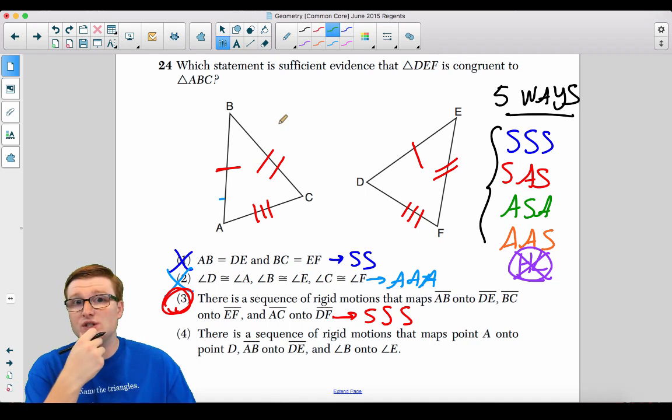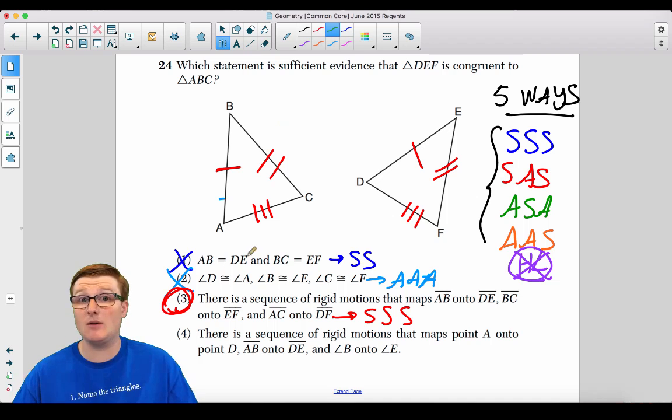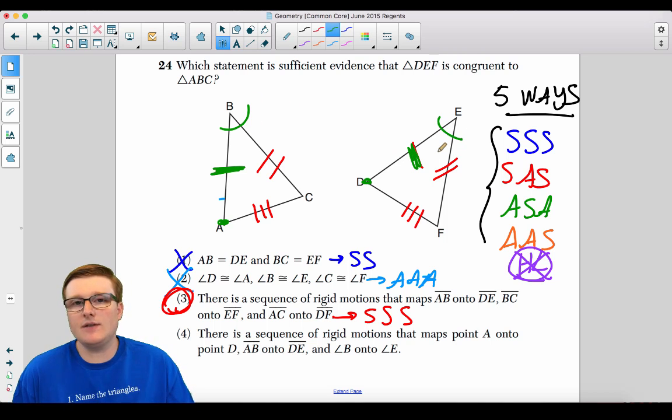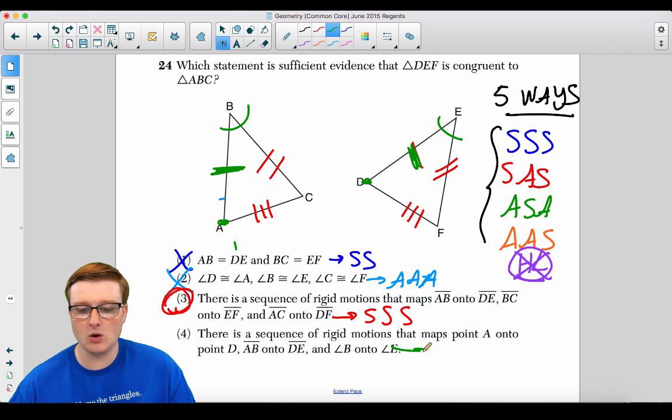Now, choice 4 confuses people. If you pick choice 4, you fell in the trap. And I want to go over it right now. There's a sequence of rigid motions that maps point A onto point D, AB onto DE, and angle B onto angle E. You cannot believe how many people thought that this is showing angle, side, angle.